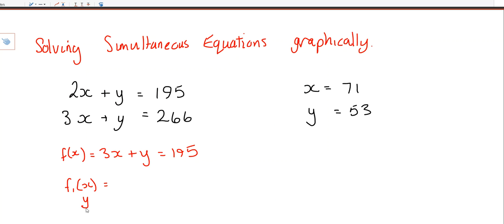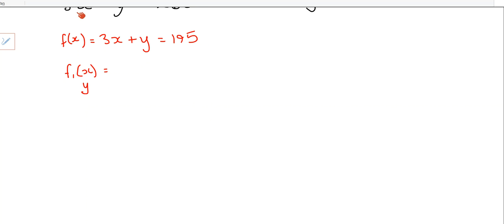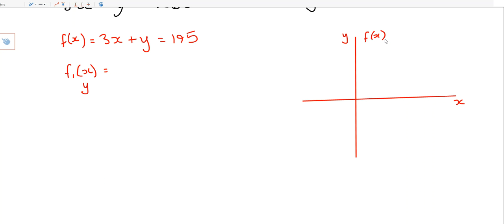If I want to plot it on a set of axes, then it becomes x and y, because we have the x coordinate and the y coordinate. So if we were to do a set of axes, you would recognise this axis as the x-axis and this axis as the y-axis, but this axis could equally be called the f of x axis.